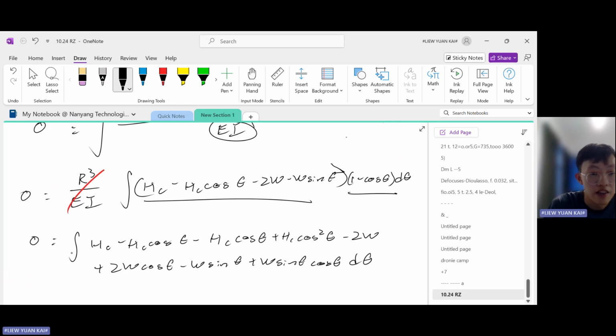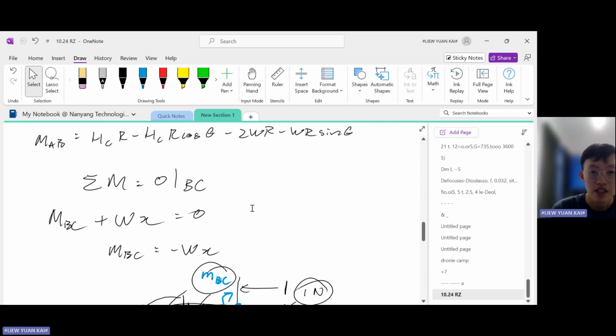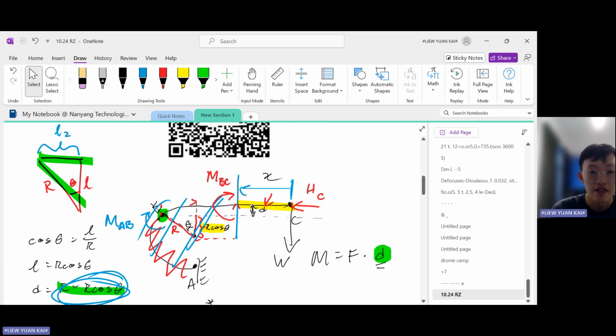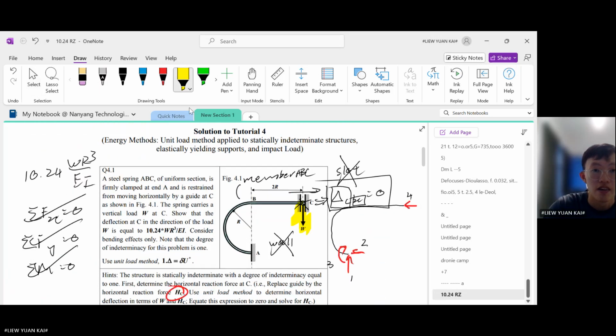Okay, so we forgot to substitute the limits of the integral. So let's check what the limits are. You see, we are integrating from here all the way to here. How many degrees did I subtend? We start from here, which is 0 degrees.